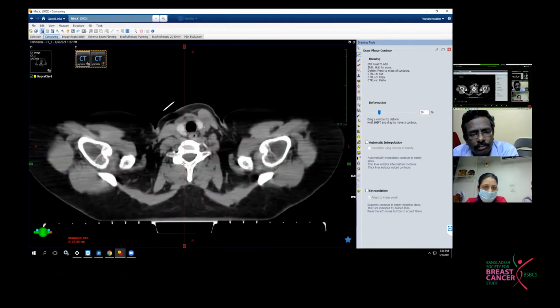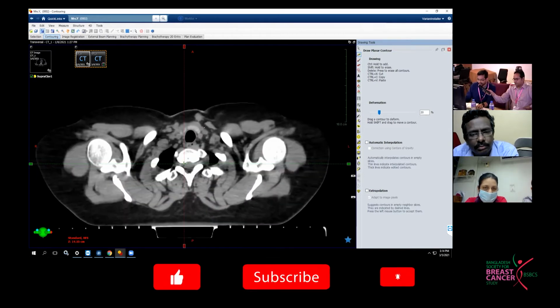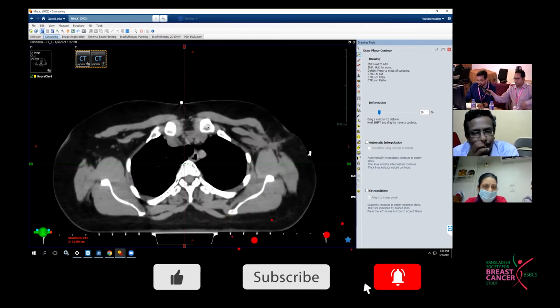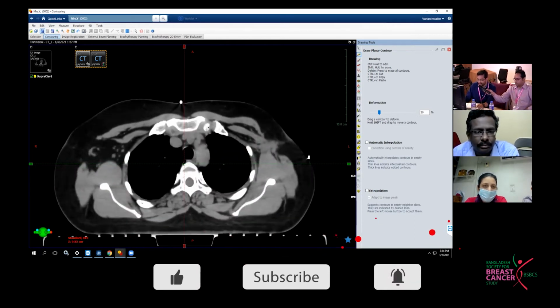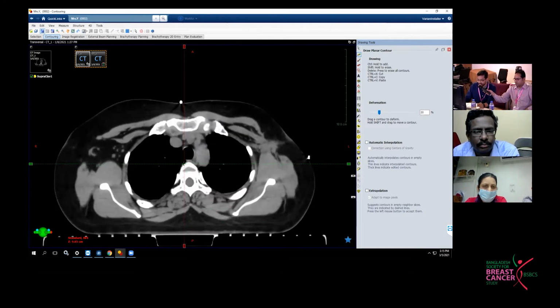Okay, the caudal end will be the caudal edge of the clavicular head. This is the clavicular head here, and there is the last boundary of the sternocleidomastoid, the supraclavicular field. The field will be like this.